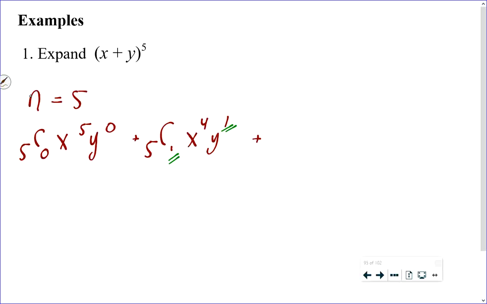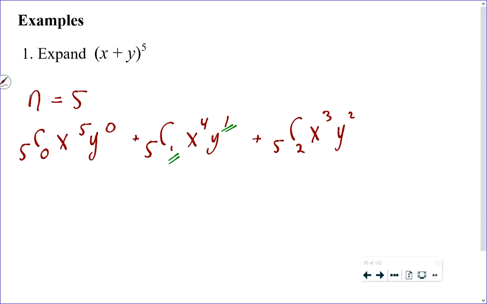So the next term will be 5 choose 1. It will contain x to 1 less, y to 1 more. By the way, since this is, whoops, 5 choose 2, my mistake, x cubed y squared. And by the way, I saw that immediately because one of the things I'm going to tell you is you're always checking to make sure that your k in the n choose k matches your exponent on y.